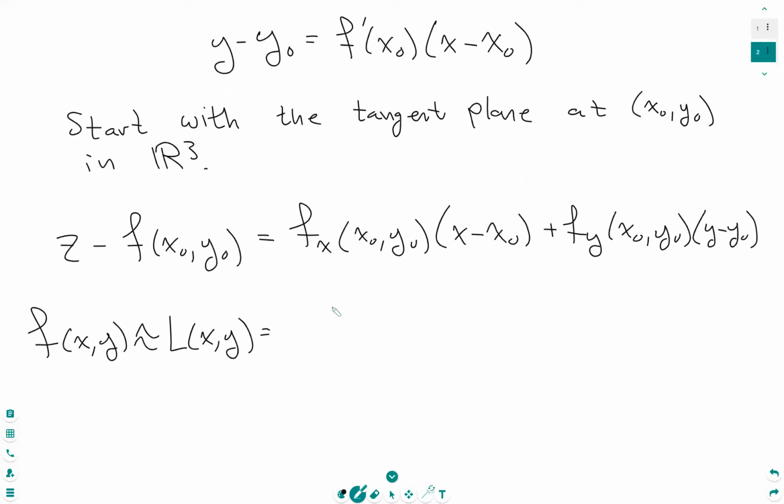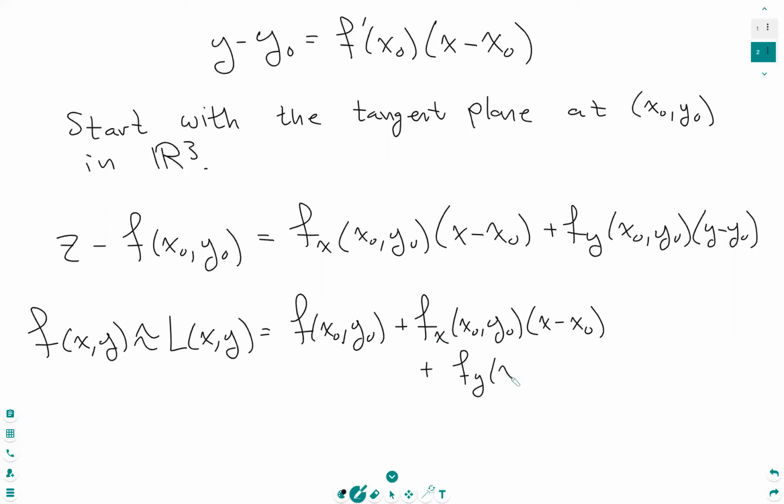And this is equal to f at x naught, y naught, plus f sub x at x naught, y naught, times x minus x naught, plus f sub y at x naught, y naught, times y minus y naught.